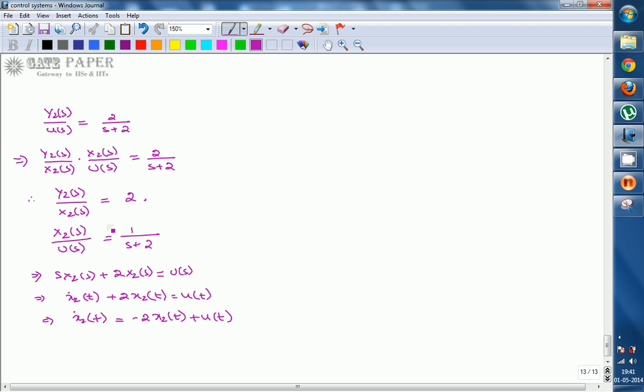And from this we'll get y2 of t equals 2 into x2 of t, taking this as equation 2 here.